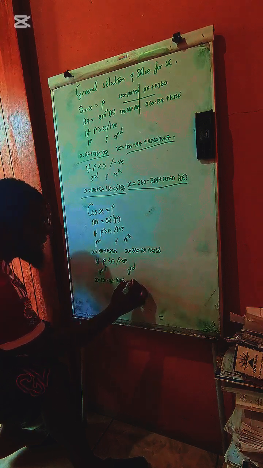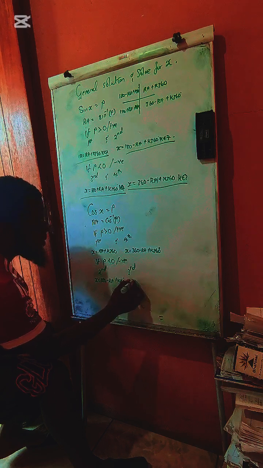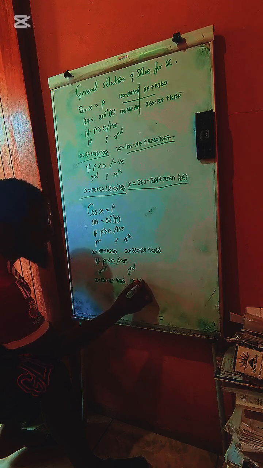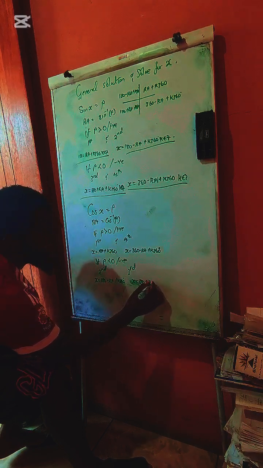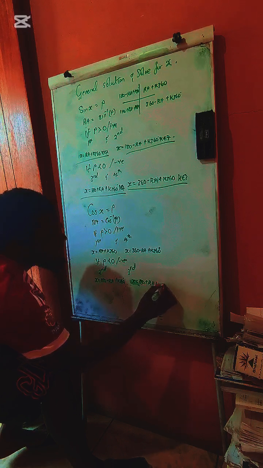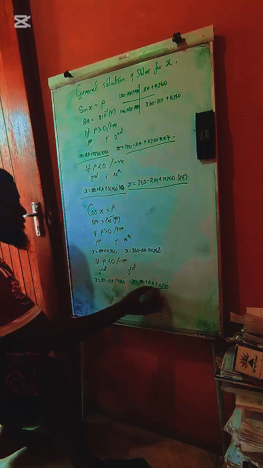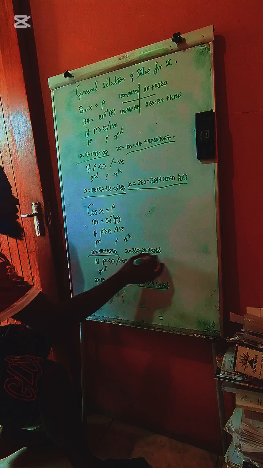The third quadrant is x equals 180 plus reference angle plus k 360 degrees. Those are the ones for cos.